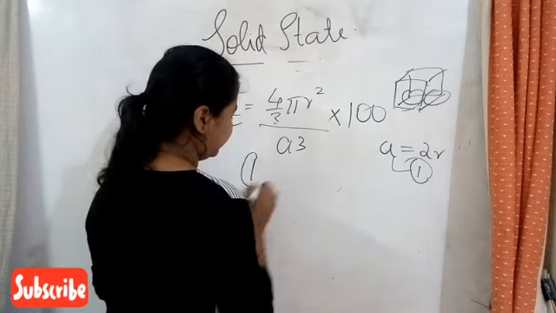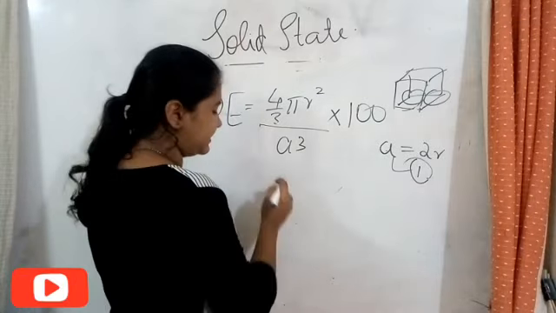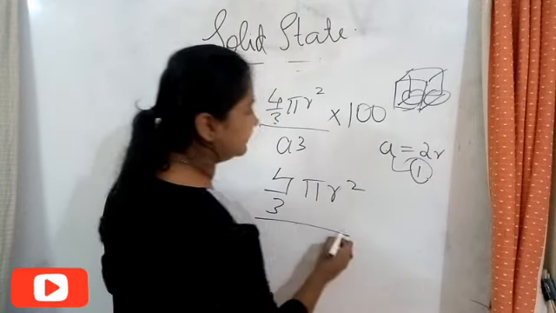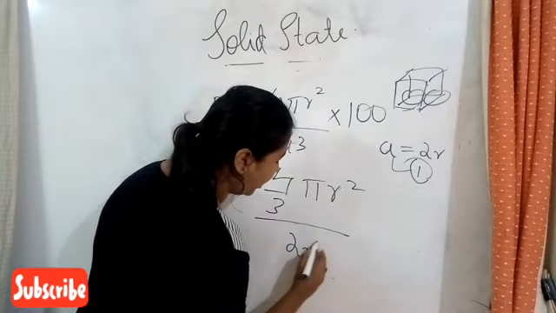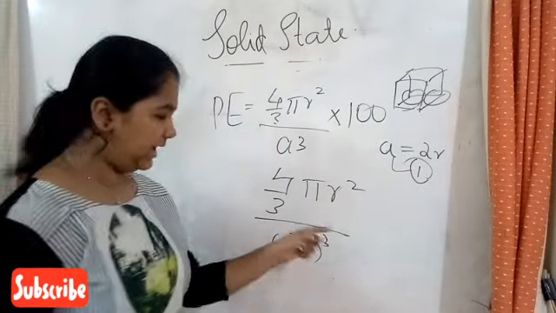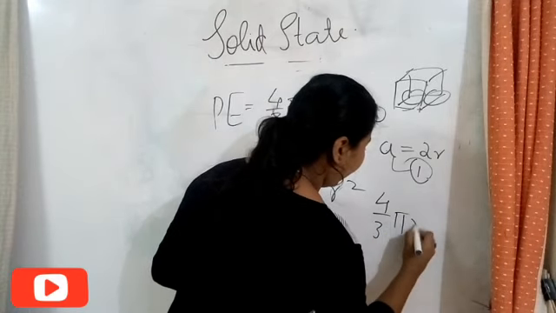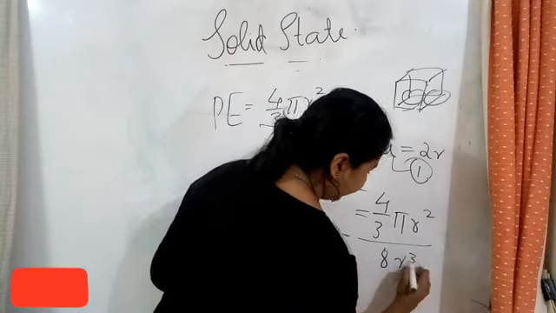So we write 4 by 3 pi r cube divided by A cube. What is A? 2r, the whole cube. That is 4 by 3 pi r cube divided by 8r cube.